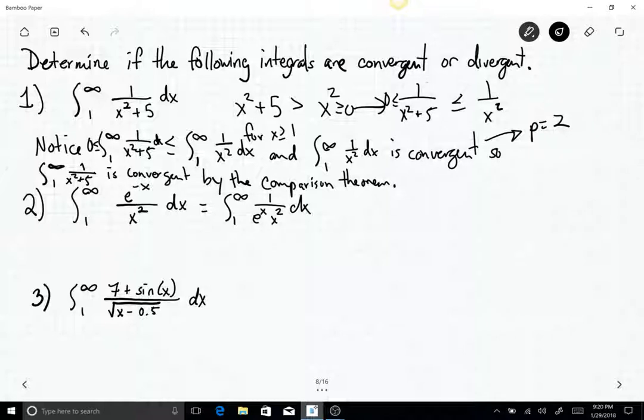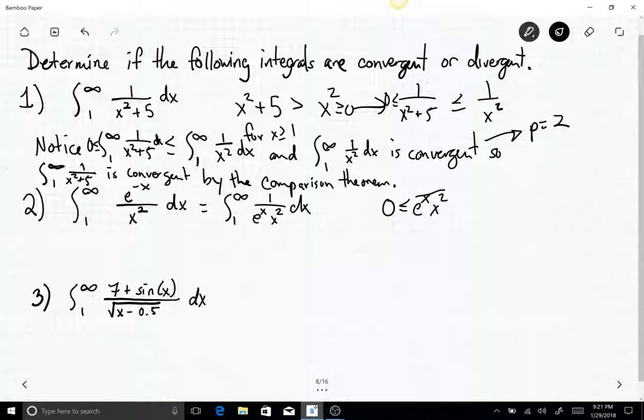We're just getting larger and larger. Remember, we want to make this bigger than 0, right? And that's going to be the case because we're always talking positive. So 0 is always going to be less than or equal to e to the x squared.